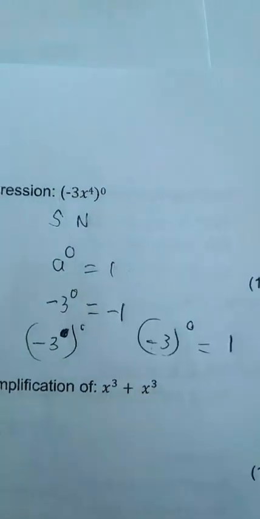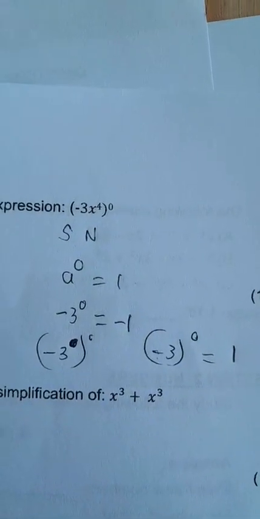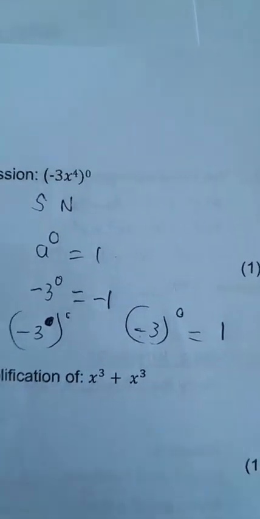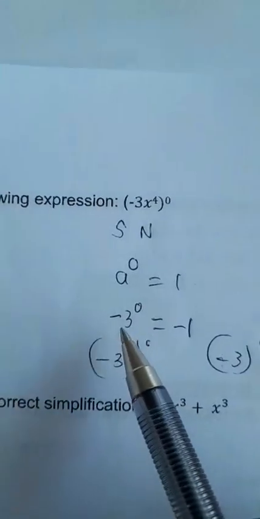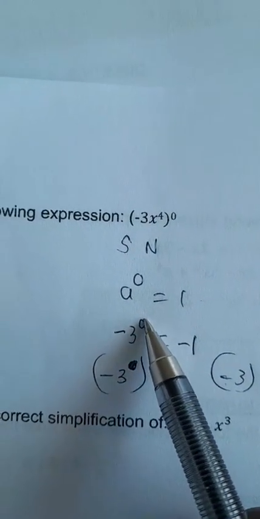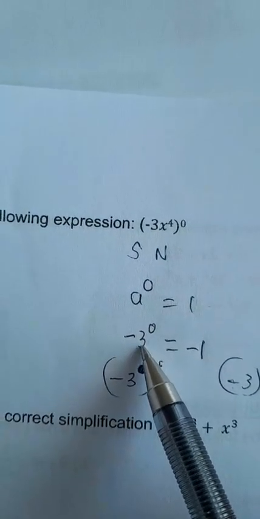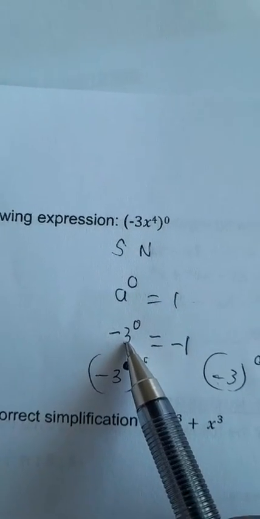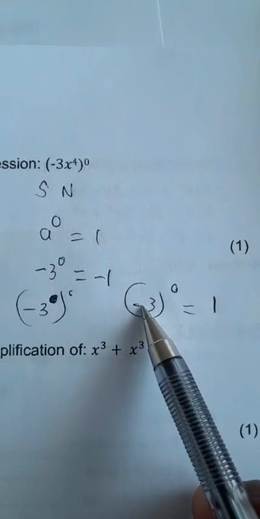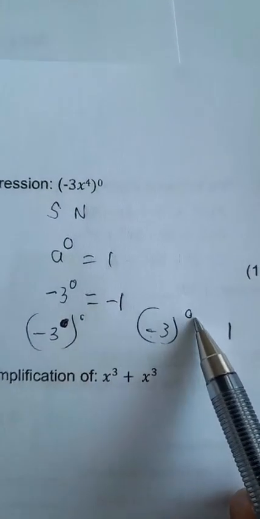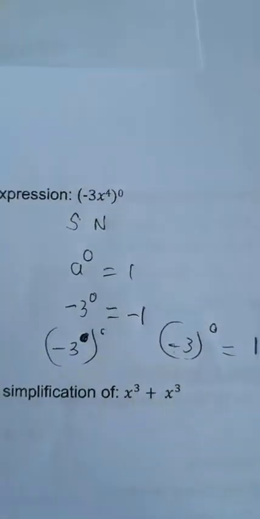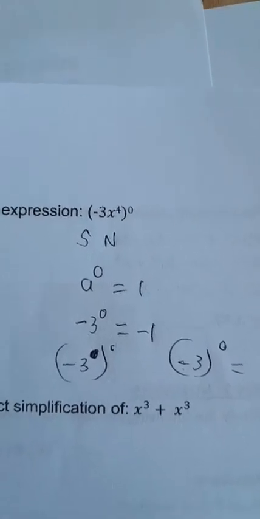And yes, guys, minus 3 everything to the power 0 is equal to positive 1. So there's a difference between minus 3 to the power 0, where the exponent is raised simply to the number, and minus 3 everything raised to the power 0. I hope we are very clear about that.